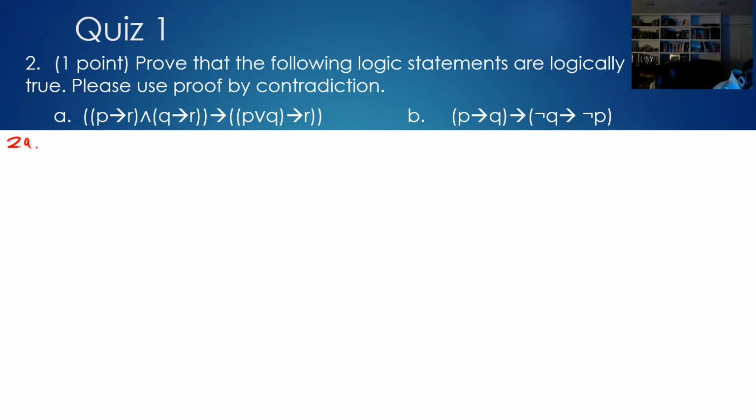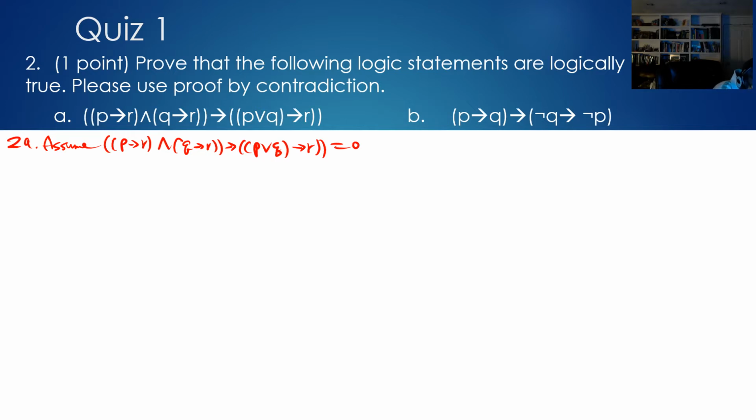So A is an implication, right? So we assume that the expression is false. Okay, so this is the implication.